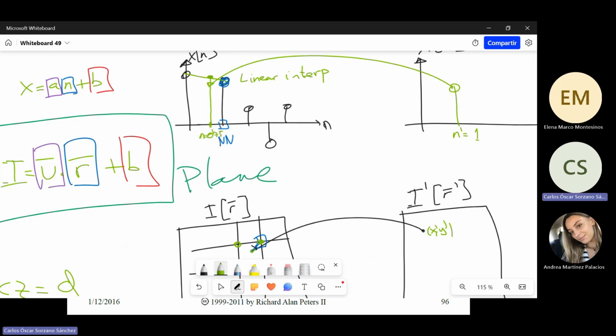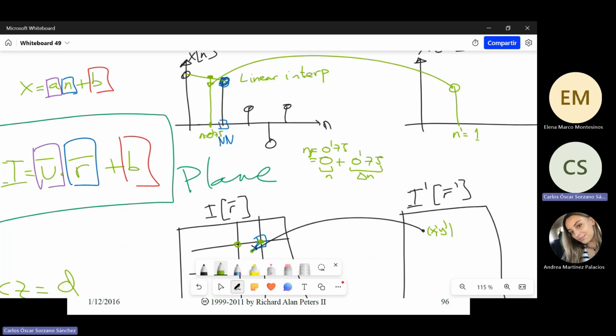So this n equals 0.5, and I can decompose it into parts. One is the integer part, which is 0, and then the fractional part. This is called n fractional. So this is n, and this is delta n. The fractional part is delta n.